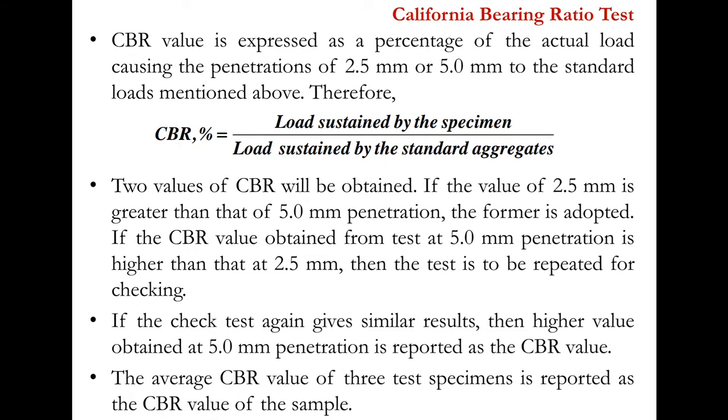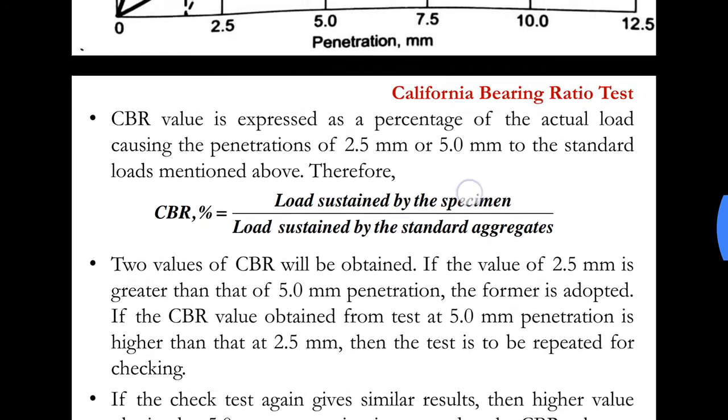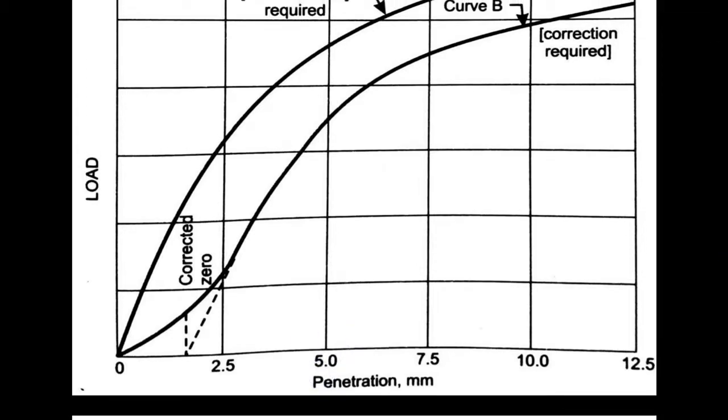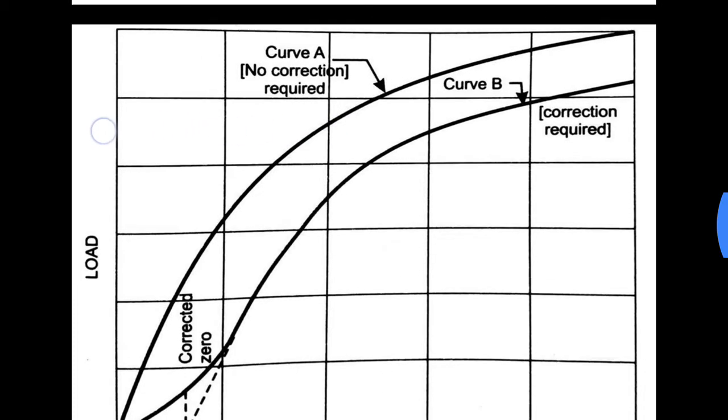Now similarly we do it for 5 mm penetration. So CBR at 5 mm would be load sustained at 5 mm. This is 5 mm. We extend a vertical to cut the curve at a point, and then we extend a horizontal here.